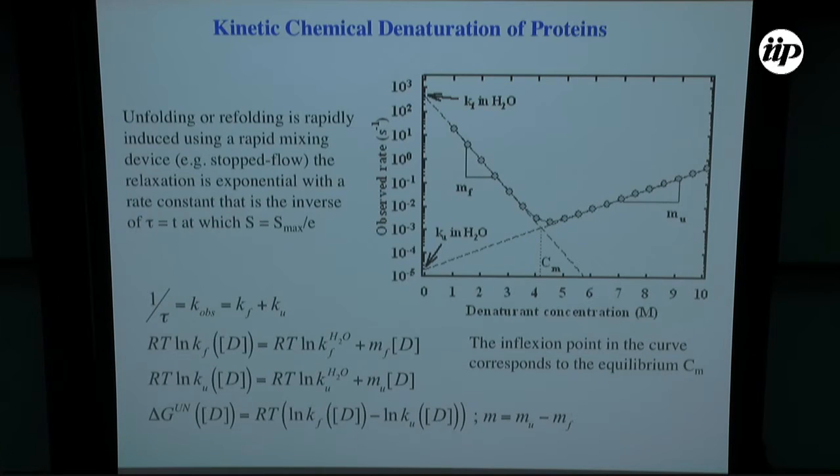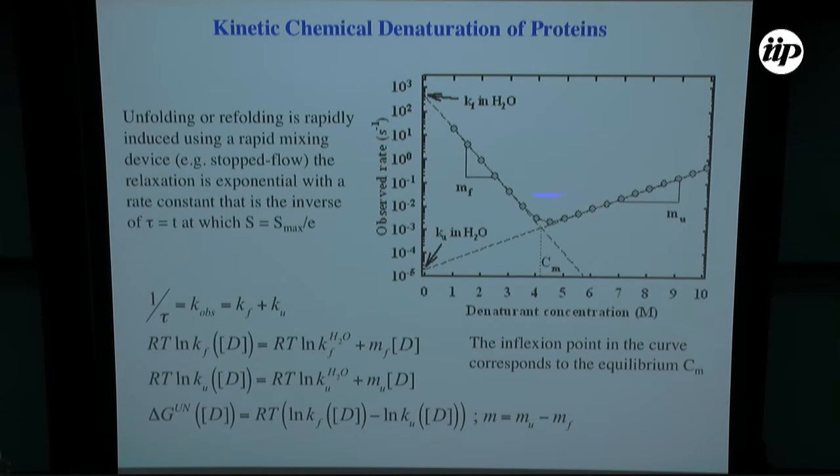So how do you interpret all of this? Well, the equations are right here. So the idea is that not only the free energy is linear with the concentration of the denaturant, but also the rate constant, the log of the rate constant for folding and the log of the rate constant for unfolding, they also have a linear dependence with the denaturant. And this is done in a way so that the m value that you measure in equilibrium is equivalent to the sum of these two with the inverted sign, because one goes each way.